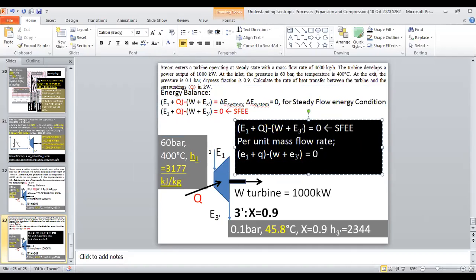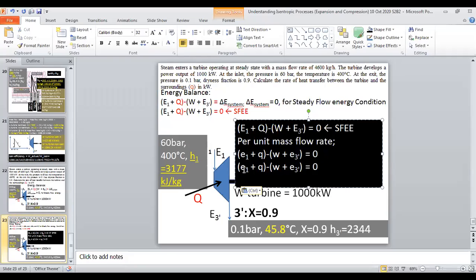For this case, I will take E1 as H1 by assumption, and E3 dash as H3 dash by assumption.